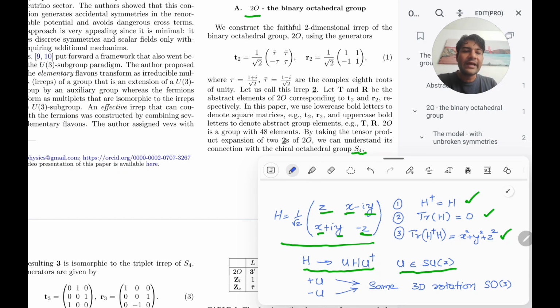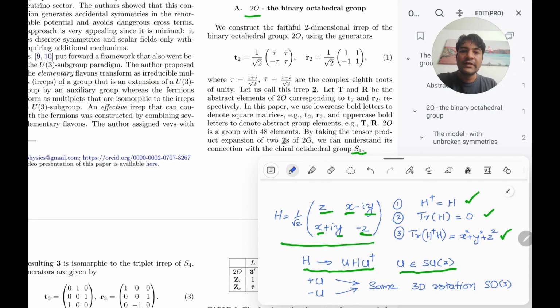As a result, we have a correspondence from the special unitary matrices to special orthogonal matrices in three-dimensional space. This mapping is a 2-to-1 mapping because plus U and minus U, both of these SU2 matrices, map to the same SO3 matrix. That is why we call this a double cover. So SU2 forms a double cover of SO3.